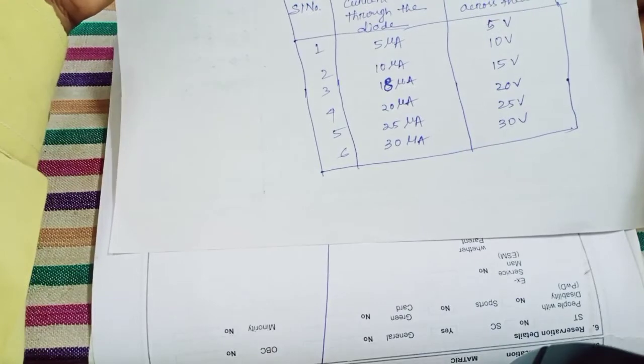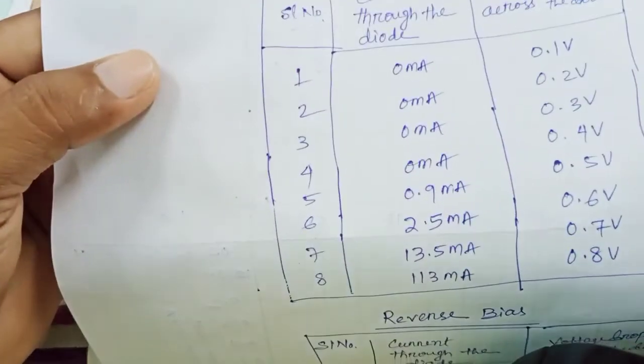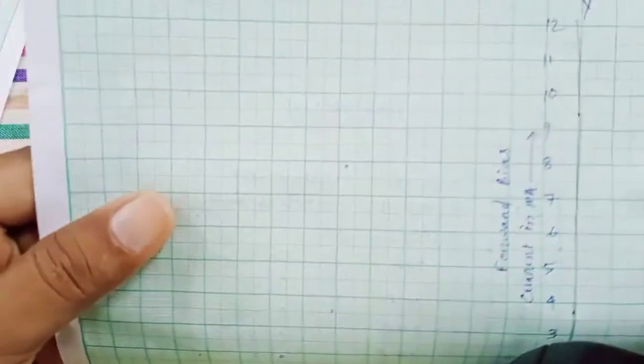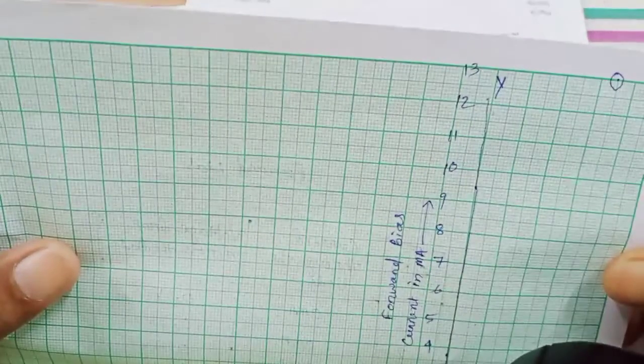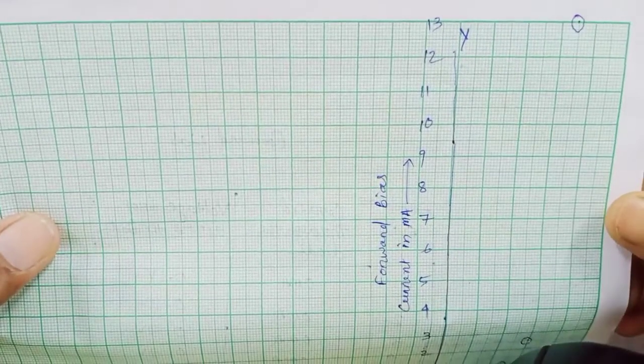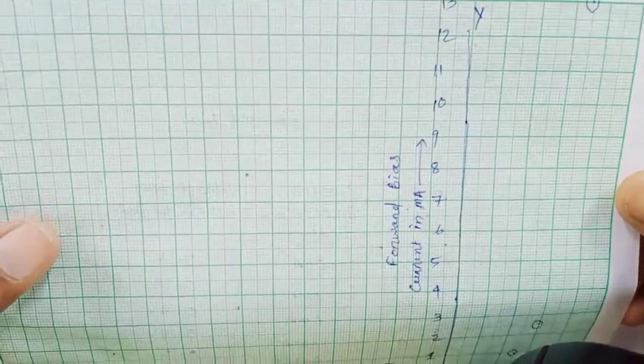At 0.8 volt the current is 113 milliampere. Here there is no range for 113 milliampere, so I plot the point at 13 milliampere only.